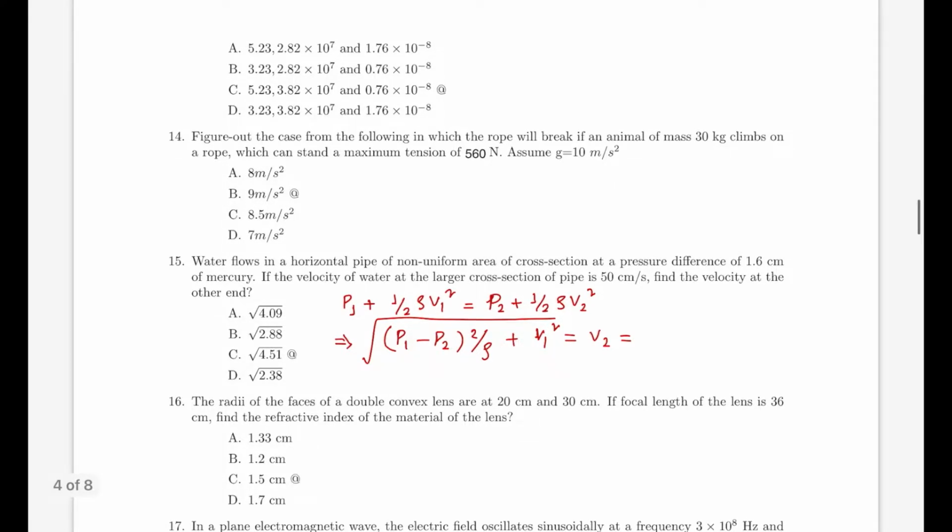centimeter of mercury. We know that 76 centimeter of mercury represents 1 atmospheric pressure, that is 1.013 times 10 to the power 5 Pascal. So we have to use that fact, and we know rho is 10 to the power 3 for water.